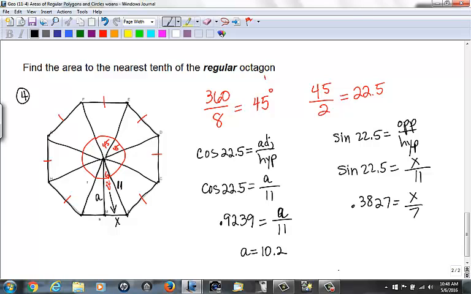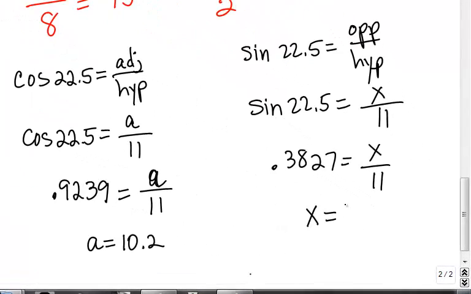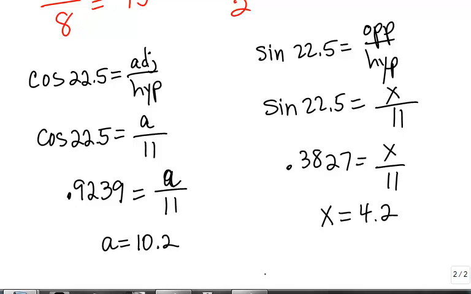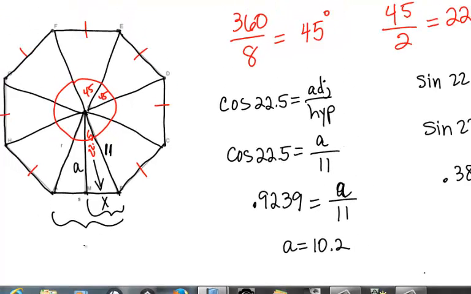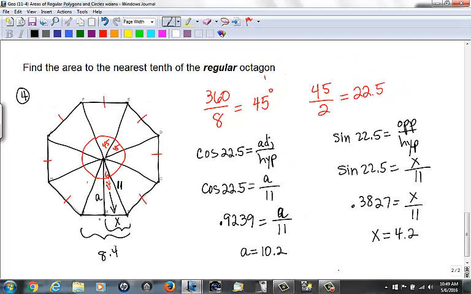Multiply by 11 on your calculator, and I get x is about 4.2. Now that's just this part, so we need to double it. Take that times 2, and I get about 8.4.